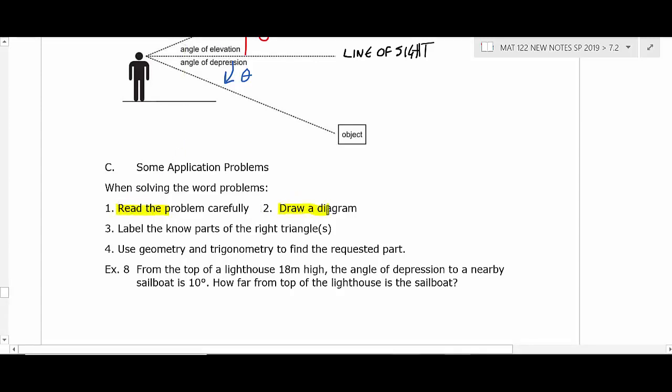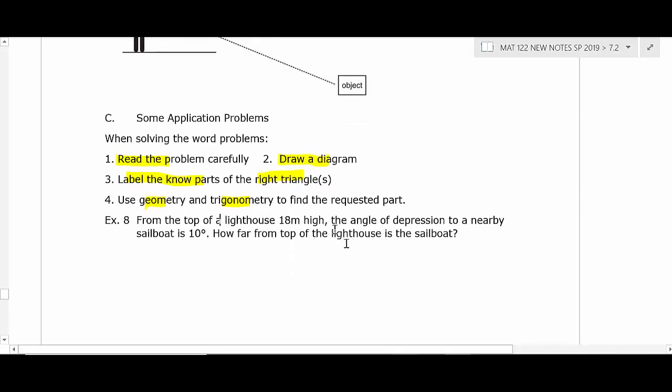You want to try to draw a diagram, and you're going to have a right triangle in here, so you want to label the parts of that right triangle. And you might have more than one right triangle like we had in the previous example. And then typically some basic geometry and trigonometry. There should be enough information given in the problem to figure out that part.